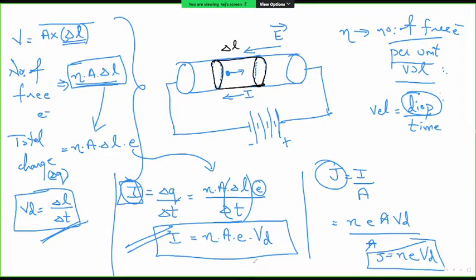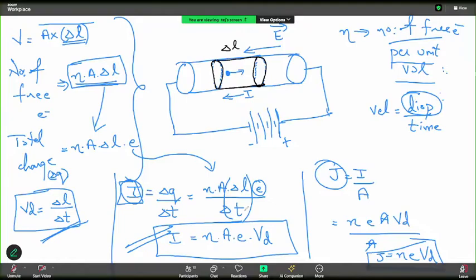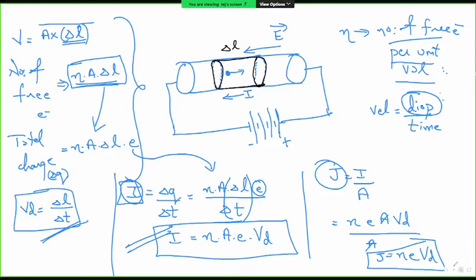And I would bracket this because that's what gives me the answer for VD. I'll go to the next slide. Yeah, copy.